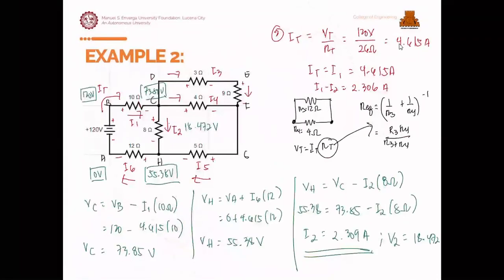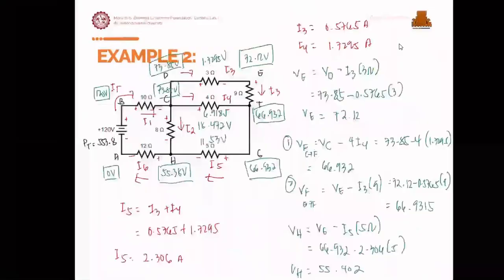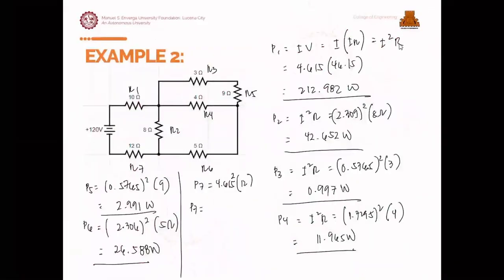Okay. Times 12. So 255.5787. Okay. So calculating yung sum nito, we have 212.982 plus 42.652, 0.997, 11.965, 2.991, 26.588 plus 255.5787.